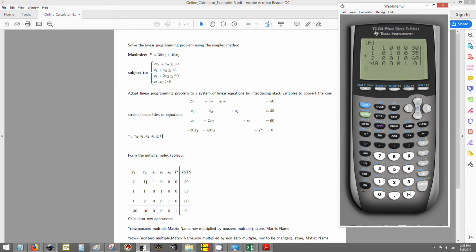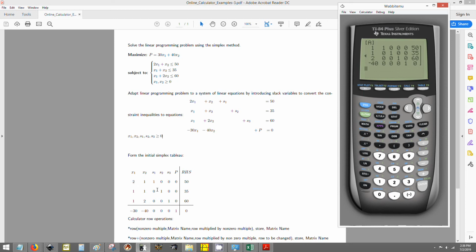And now to select the pivot, we select the pivot row by taking the numbers in the pivot column and dividing the right hand side number, or the quantity, the rightmost column, by that number in the pivot column of that row.